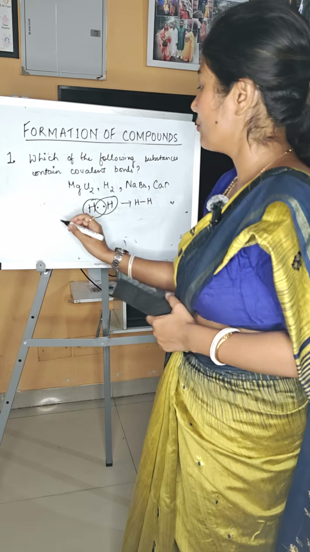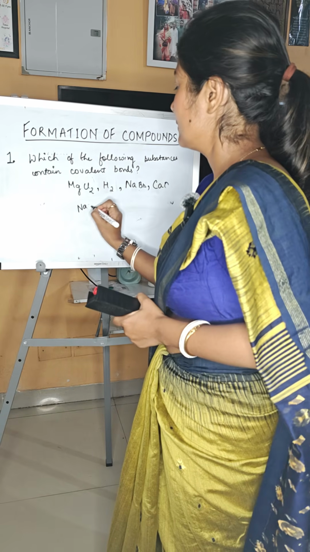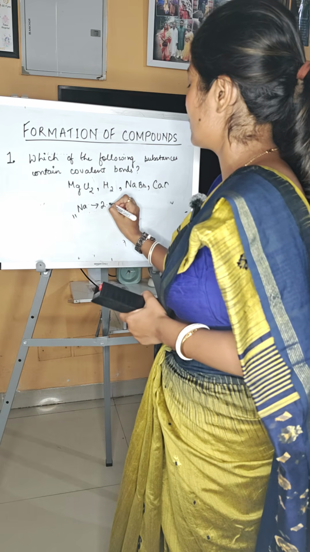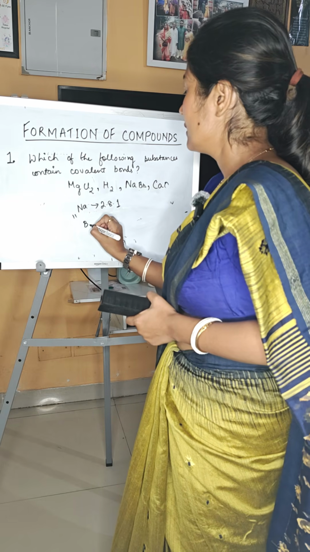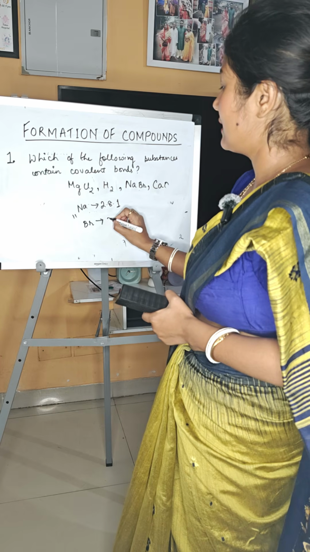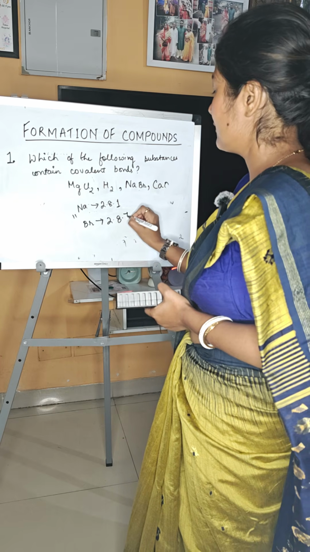In case of sodium bromide, let us check. Sodium electronic configuration is 2, 8, 1, so it will donate this one electron to some other species. Bromine is a halogen, so its valence electrons will be like fluorine or chlorine. It will have 7 valence electrons.